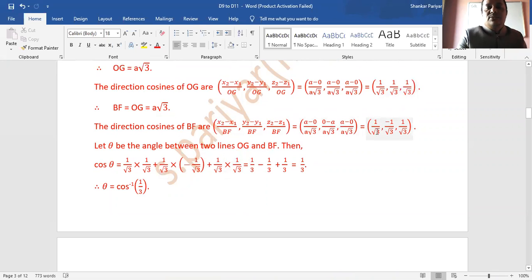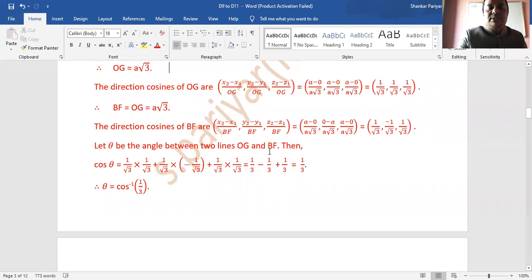Those of BF are 1 by root 3, minus 1 by root 3, 1 by root 3. So for this x1, y1, z1, this is x2, y2, z2. Therefore, x1 into x2 means 1 by root 3 times 1 by root 3, plus y1 into y2, 1 by root 3 times minus 1 by root 3, plus n1 into n2, 1 by root 3 times 1 by root 3.